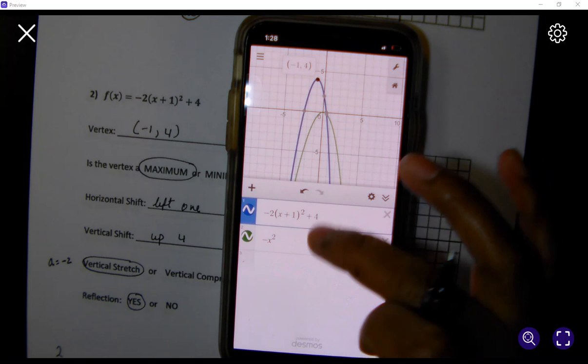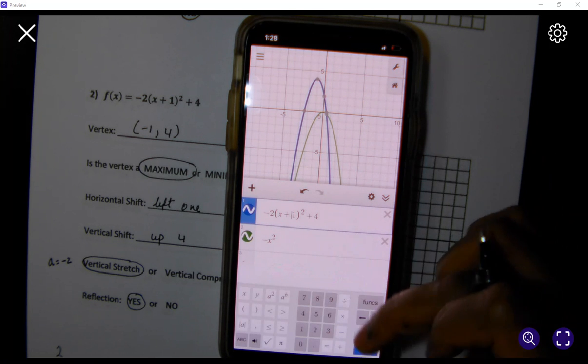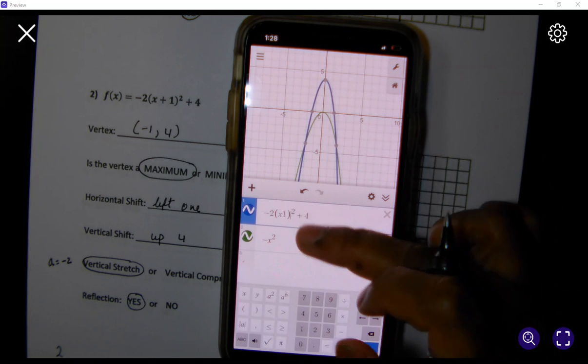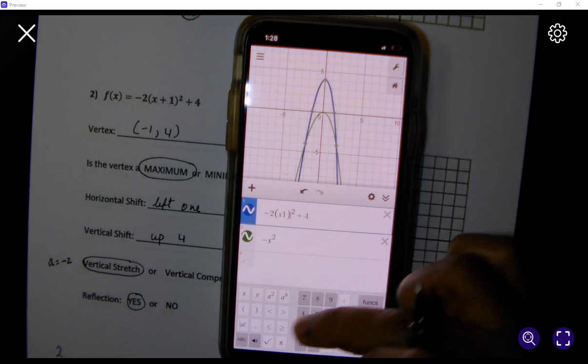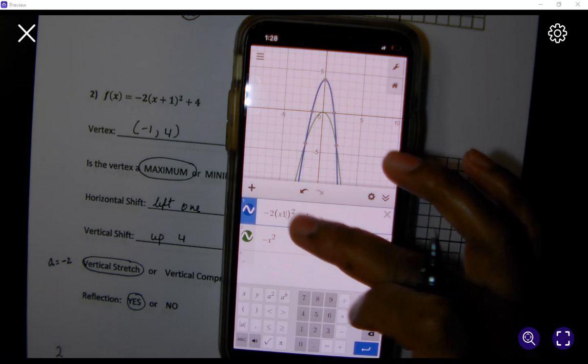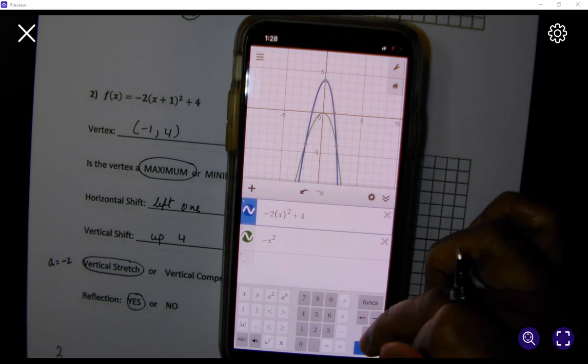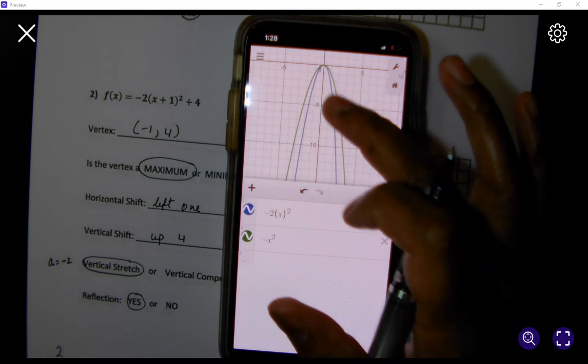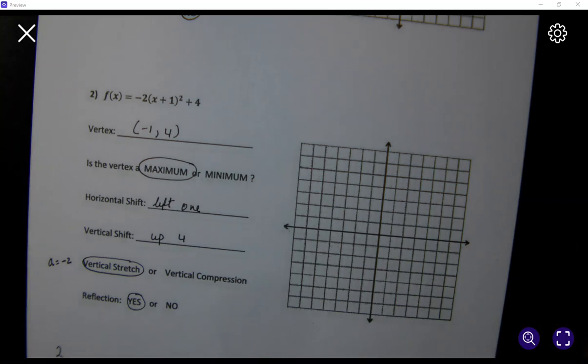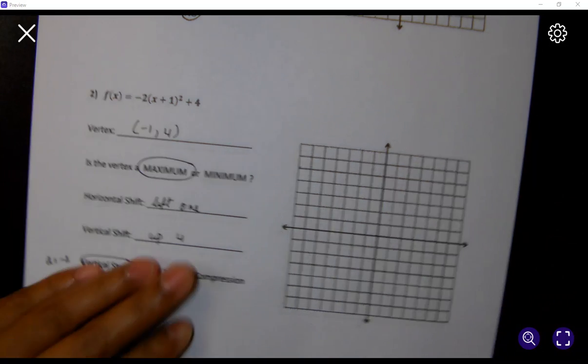And if you want to see it compared to the parent graph, you can just take all this off. Okay, see how it's a little skinnier.